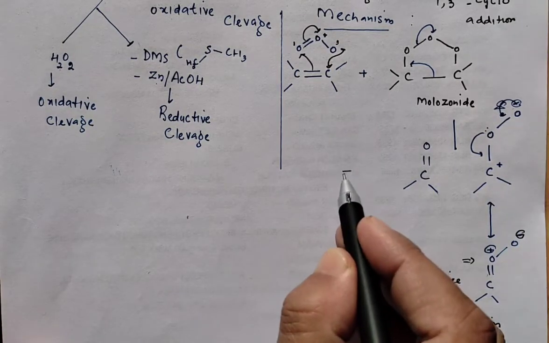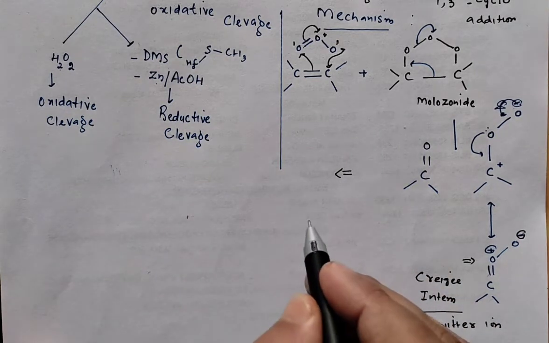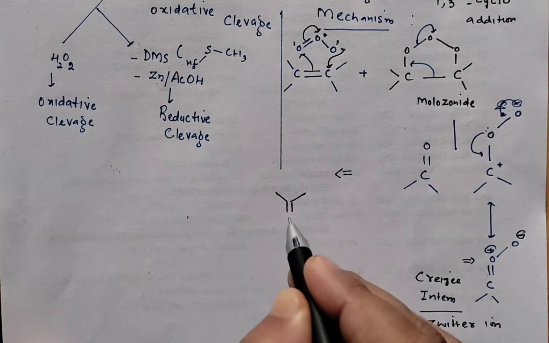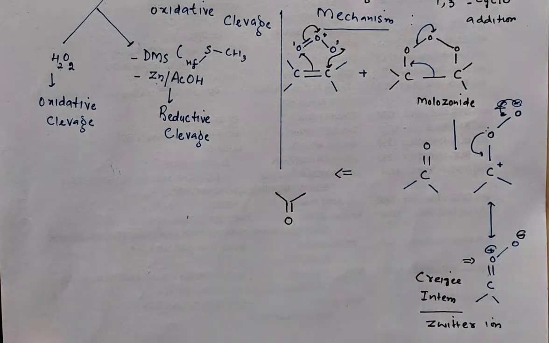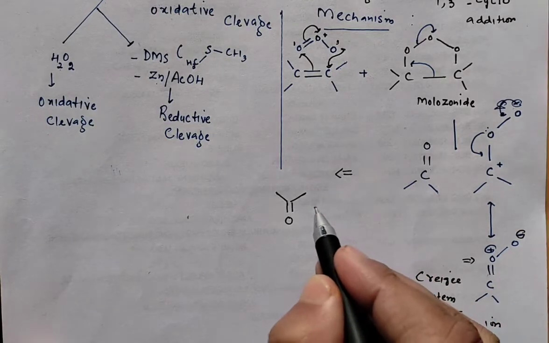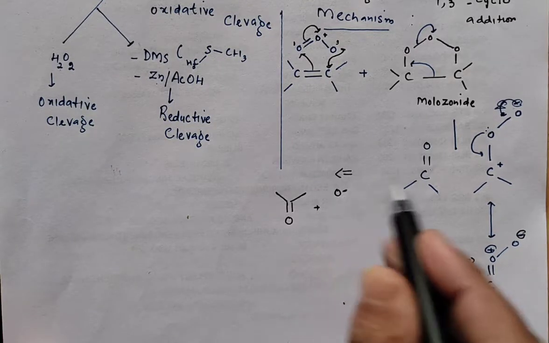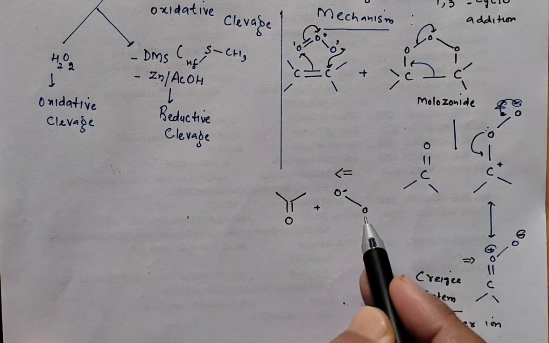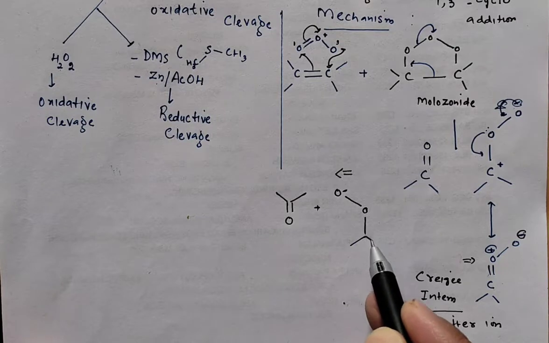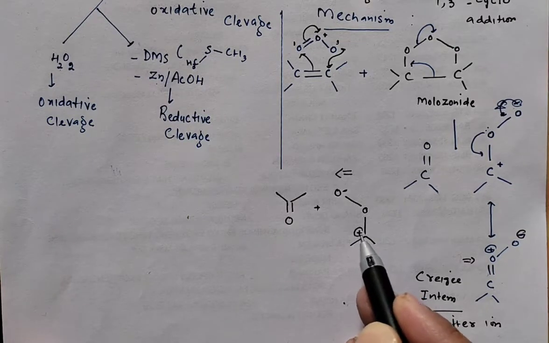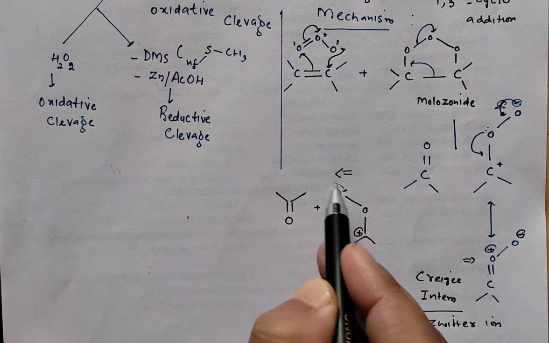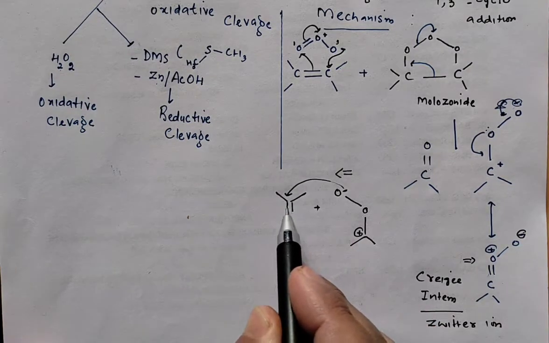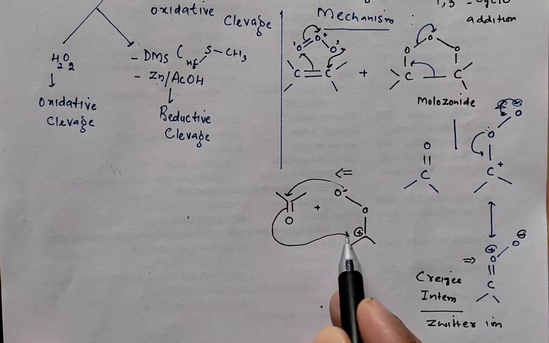So then what happens after that? Let me do it here. So this is your carbonyl. I've just written it, up and down. Then you can show it like this. This was a negative charge. This was your oxygen, and this was the plus charge. So what it does, you can attack here at this carbonyl, nucleophilic addition, and then you can attack this carbon here.